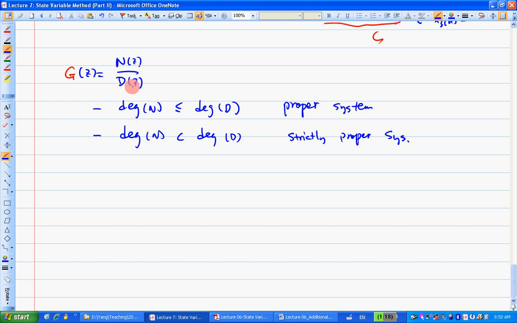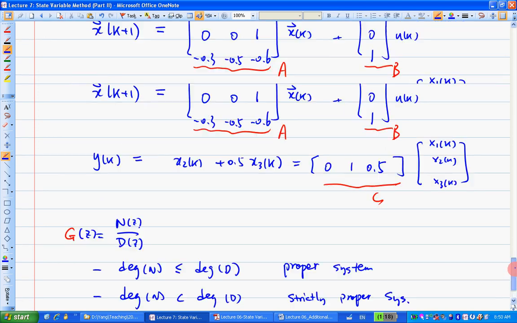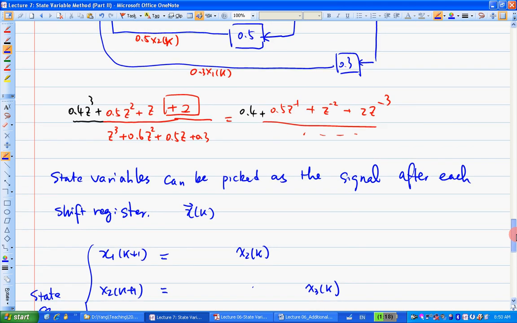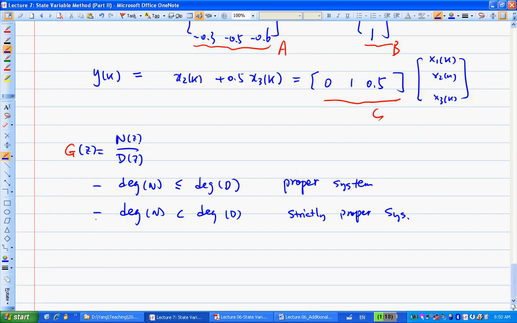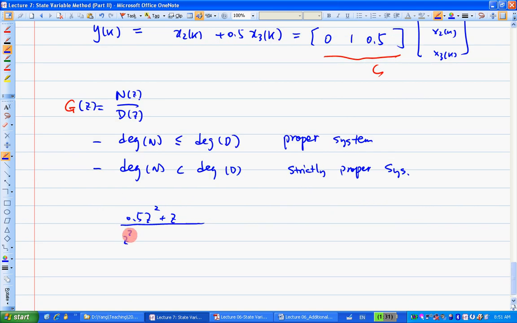But when it comes to control systems, let's use the example I have over here. What do I have here? I have 0.5z squared plus z over... and this is y of z over u of z, right?